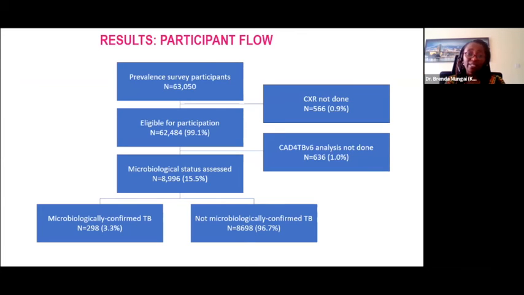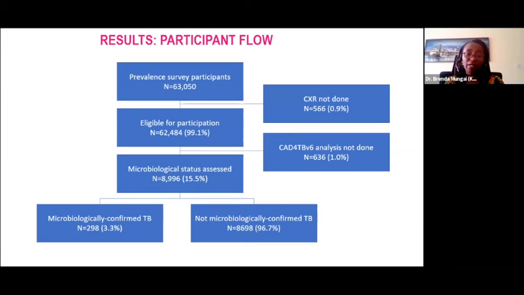So prevalence survey participants. Remember the 62,484 that got X-ray done. Out of these, we eliminated those that chest X-ray was not done, and those that analysis could not be conducted, probably because of image quality. So out of those, 15.5% were assessed by microbiological status. In our case, we did 3: we did smear microscopy, we did GeneXpert, and culture.